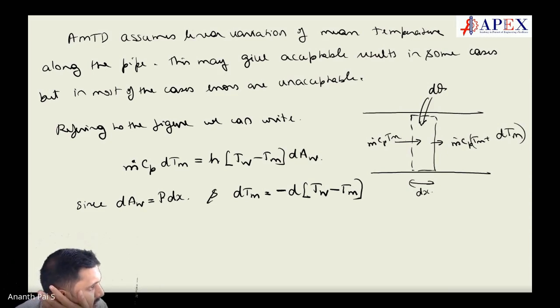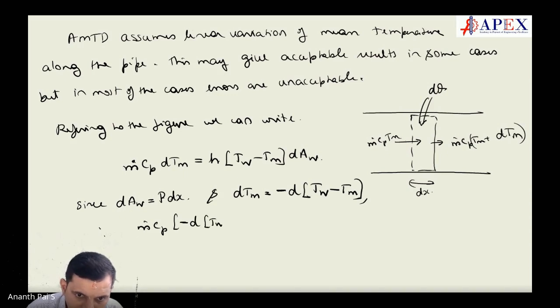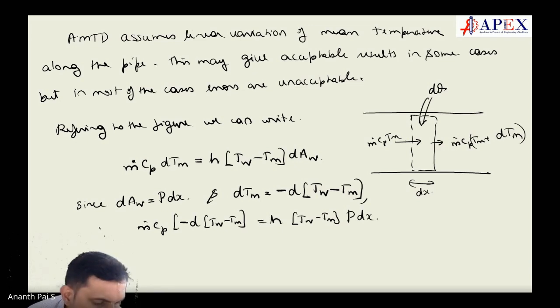Don't think in terms of physical things. Substituting, m dot Cp into minus d of (Tw minus Tm) is equal to h into (Tw minus Tm) into dAw, which is P into dx. Now we have to integrate.